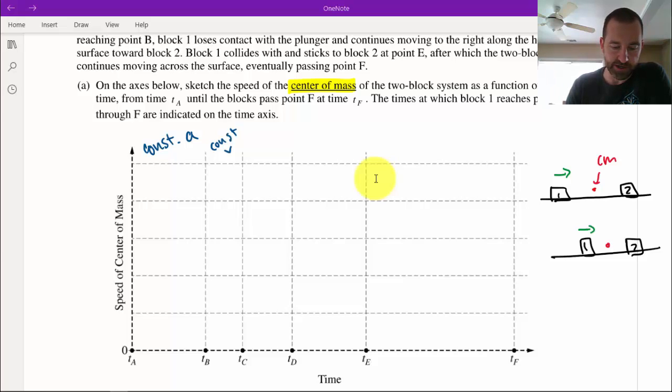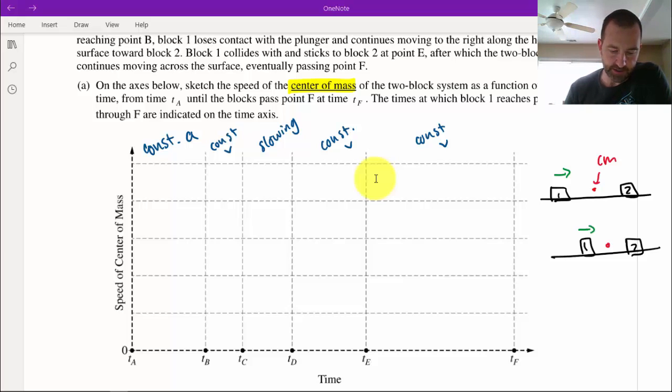It should be slowing down because of the friction, which means the center of mass would also be slowing down. From D to E, it should again be a constant velocity. And then from E to F, it should also be a constant velocity. After they stick together, they're going to move off at one velocity together.